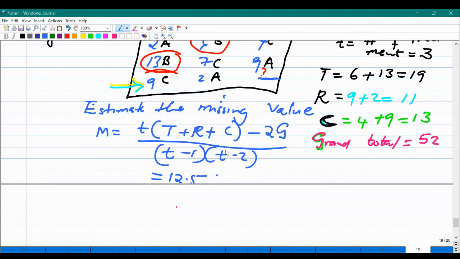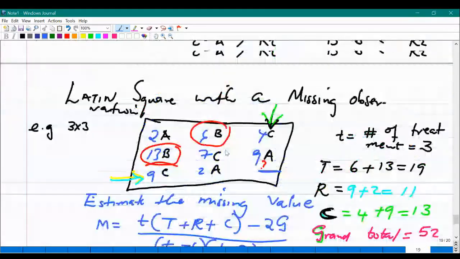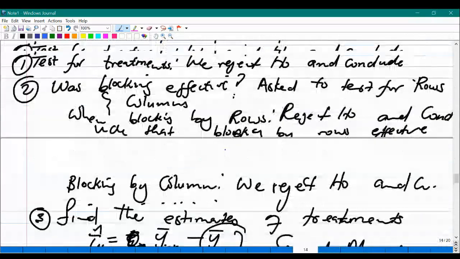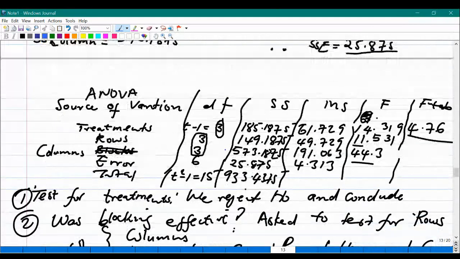What is the degrees of freedom of total for a normal problem? We just did that now. Let me show you what I'm talking about. Do you see this part, guys?